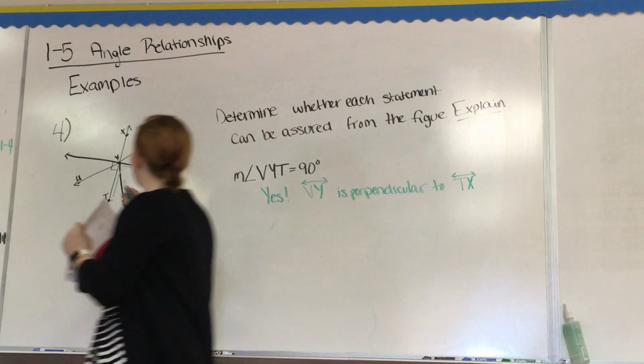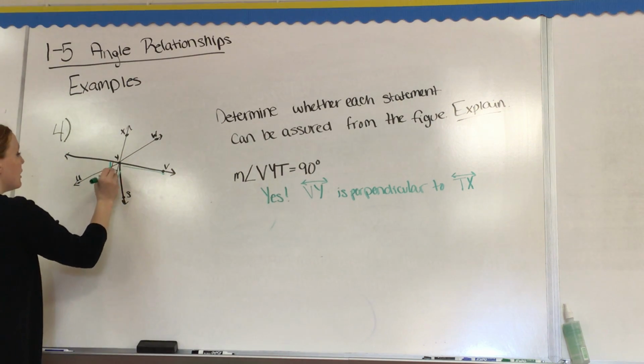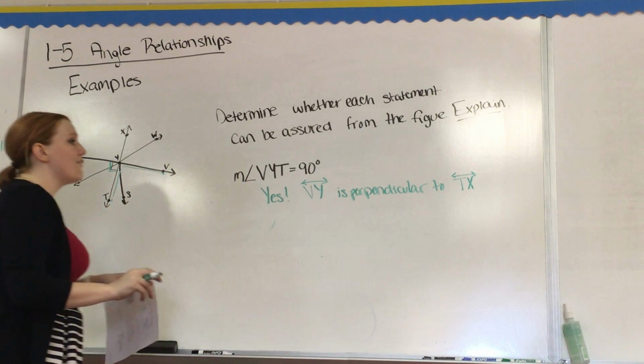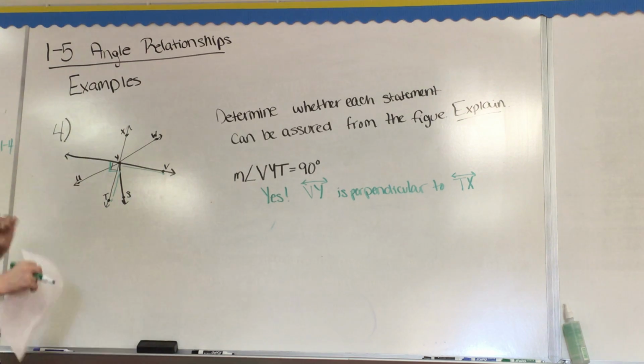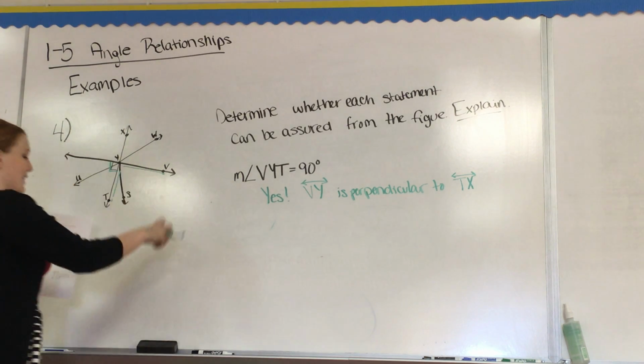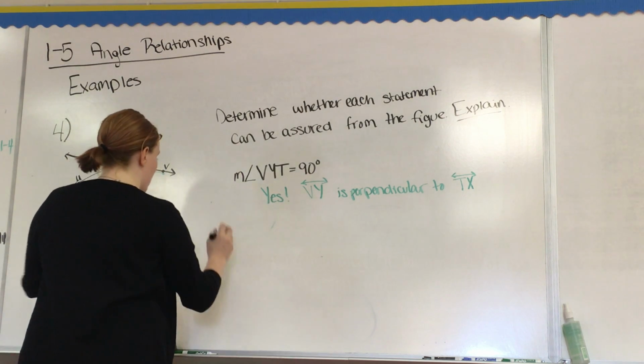How can we tell that they're perpendicular? With this little square right there. And when we have a perpendicular line, guess what? We get 4 right angles, right? So yes, that one can be assured.